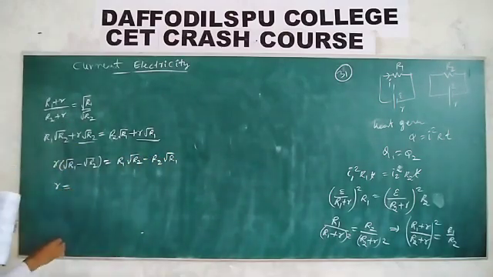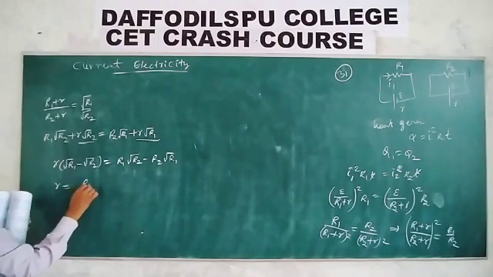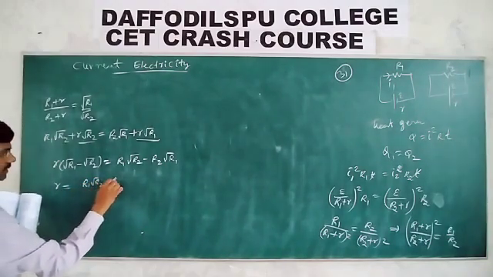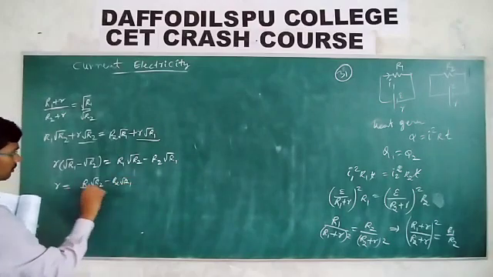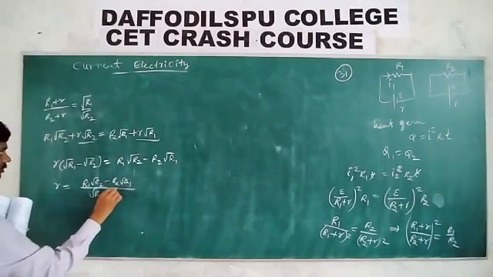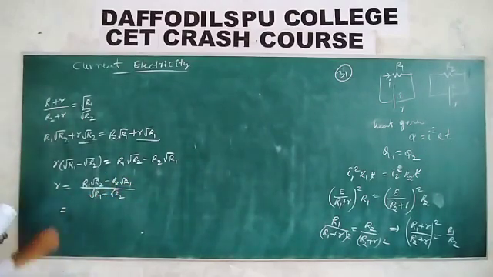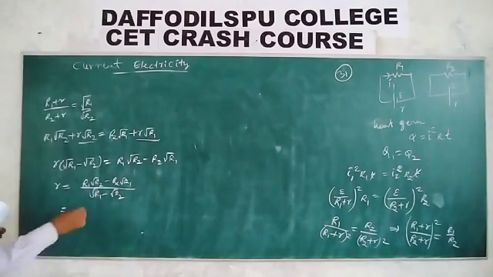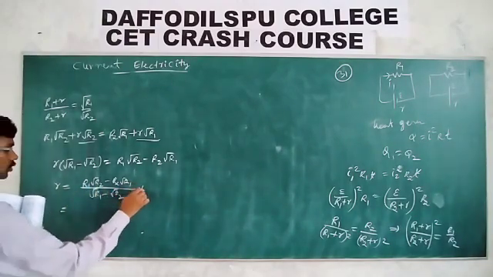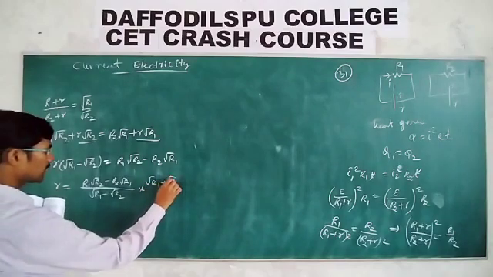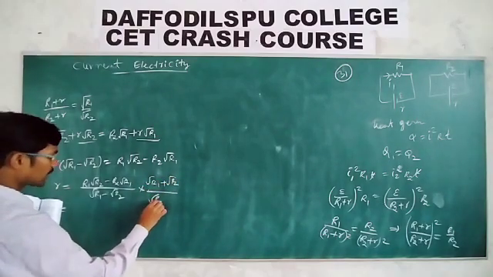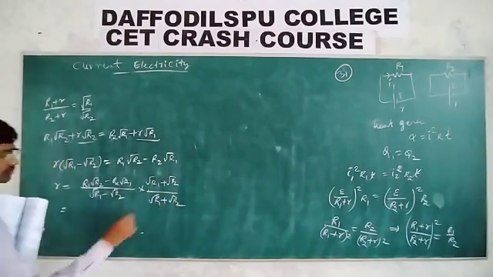So r is equal to R1 root R2 minus R2 root R1 by root R1 minus root R2. Multiply by root R1 plus root R2 in numerator and denominator.